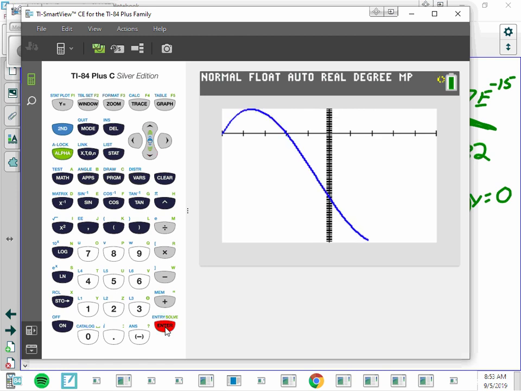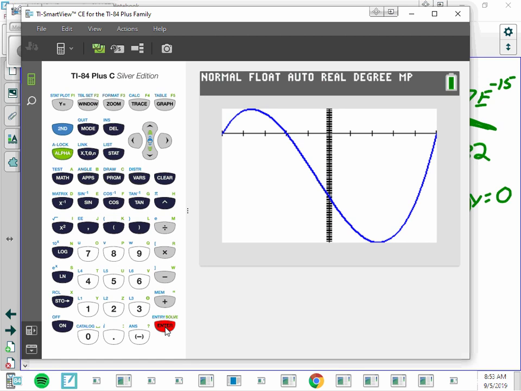Now, the bad news is it doesn't change the scale. You have to change the scale yourself. But notice it picked a y value that hit the top of the graph, and it also picked a y value that hit the bottom of the graph. So if you know that your x's need to be from, say, 0 to 100, and you don't want to take the time to figure out the y-axis, then set your x and then do zoom fit, and it will pick that window for you.